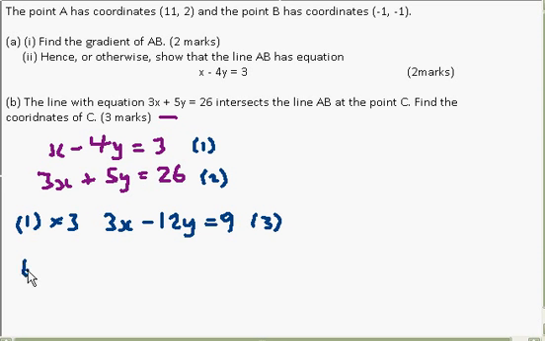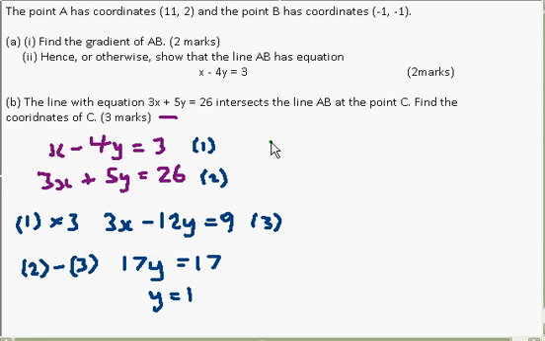So what I'm going to do is I'm going to go with 2 take away equation 3. So I'm going to get 3x take away 3x is 0. 5y take away minus 12y is 17y. 2 minuses make a plus. And I've got 26 take away 9 is 17. So y must be equal to 1.